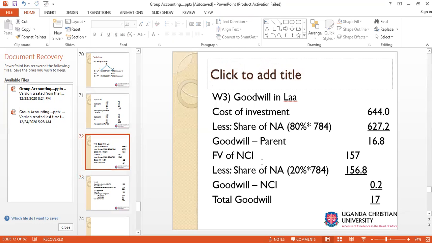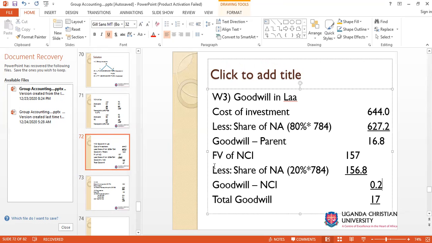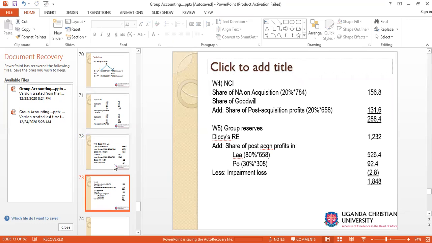Where did we calculate the goodwill from? It is here, where goodwill relating to the parent was this, then goodwill relating to NCI is 0.2. So that is the 0.2 we had to put here.